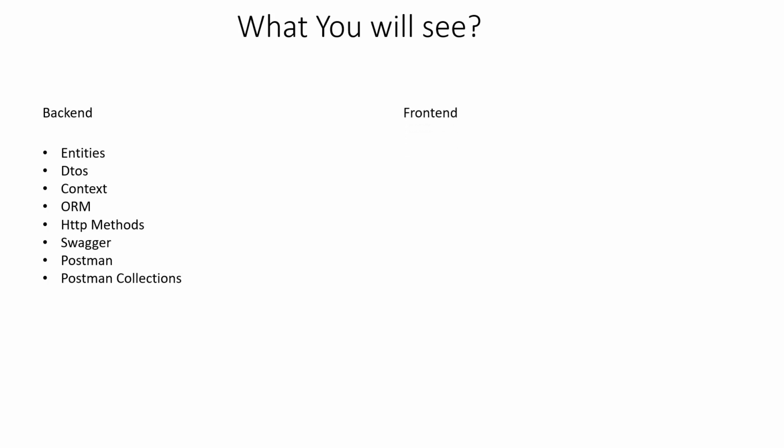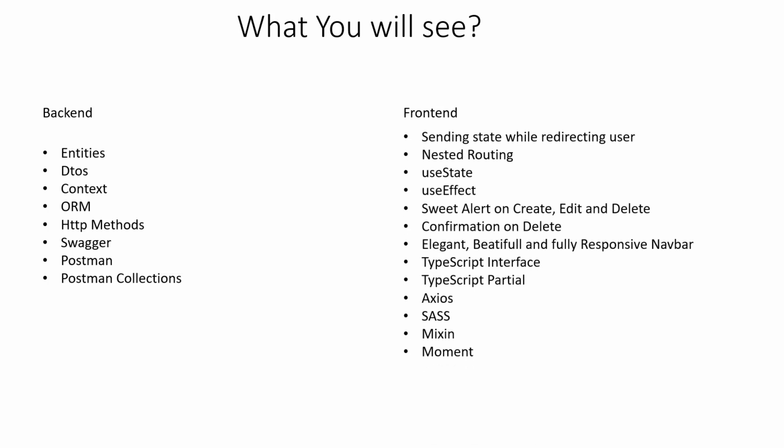And on our front-end project, we have a bunch of topics like sending a state while redirecting the user to different pages, and routing and nested routing, which is an important topic in React Router. We use the useState hook and also the useEffect hook, and also we will show an alert created by SweetAlert version 2 when we create, edit or delete a product, and by using this alert we show our user that something happened.